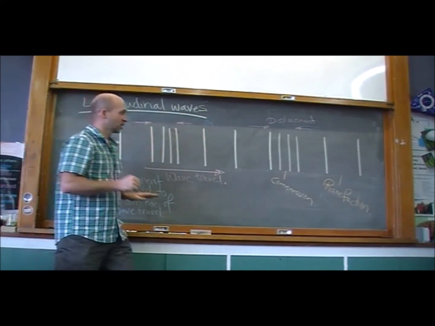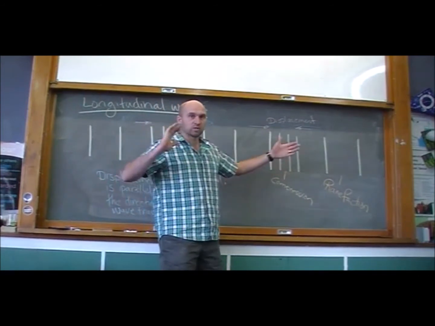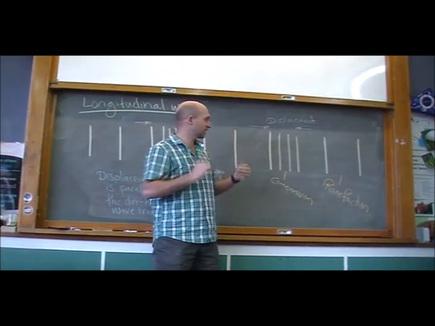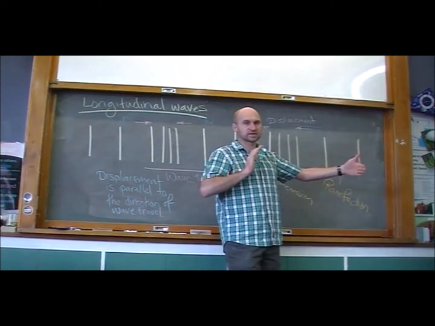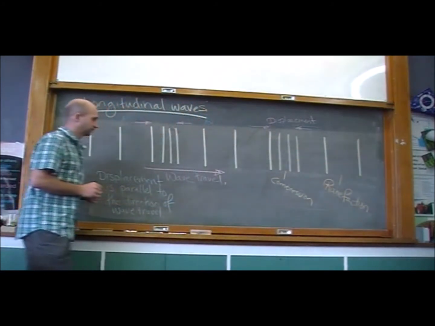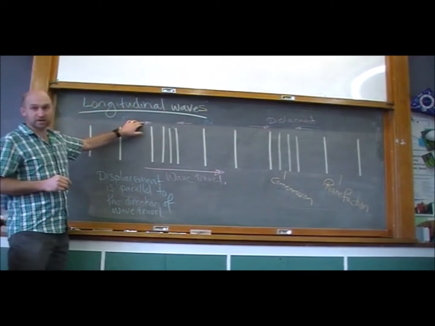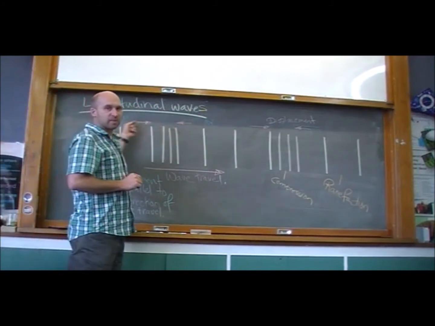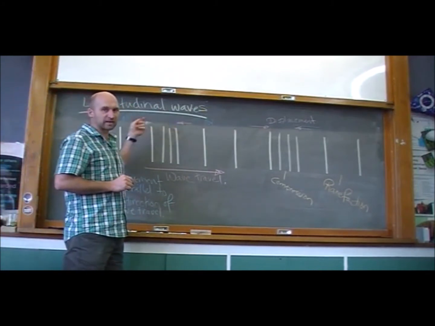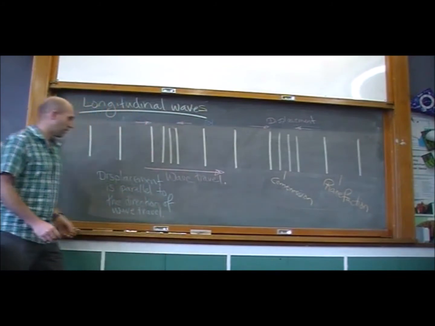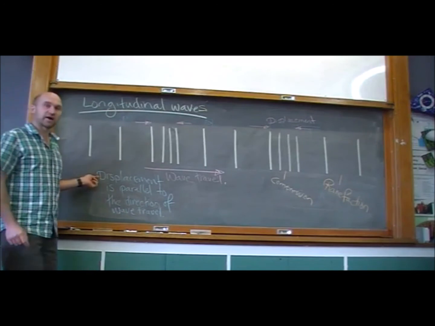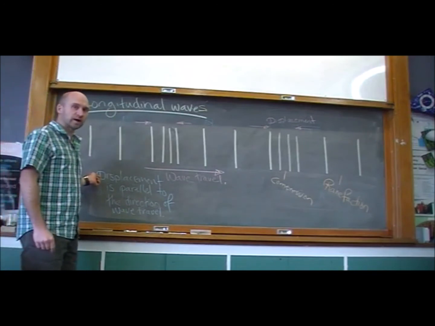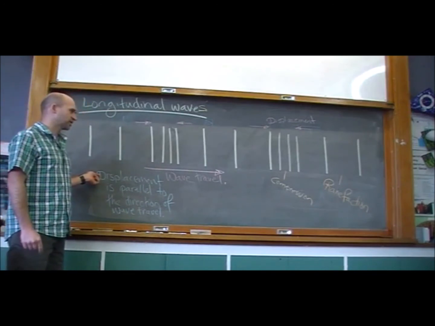There's areas of compression where the medium is squeezed together, and areas of rarefaction where the medium is spread apart. And so the particles in our medium are being displaced parallel to the direction of wave travel. That's the key thing that is the defining difference between a longitudinal wave and a transverse wave.